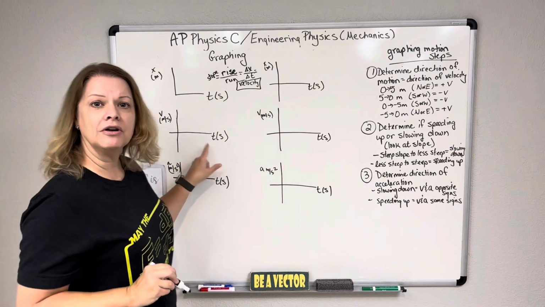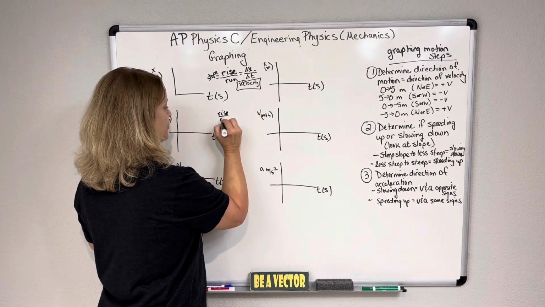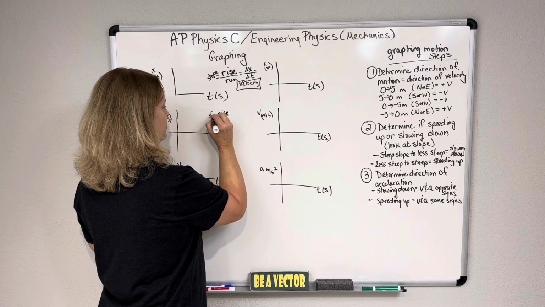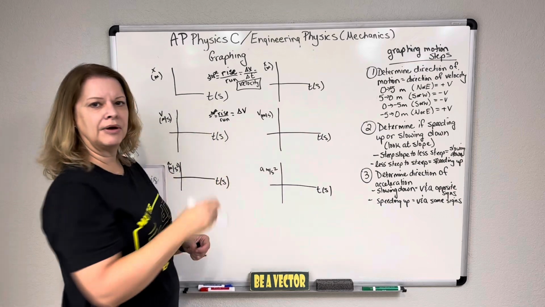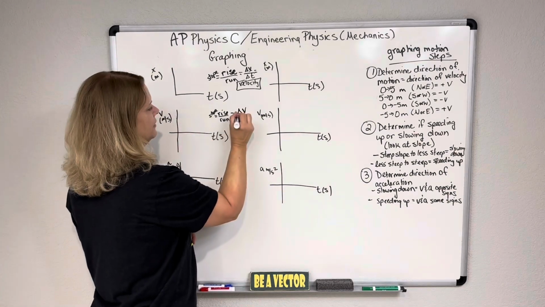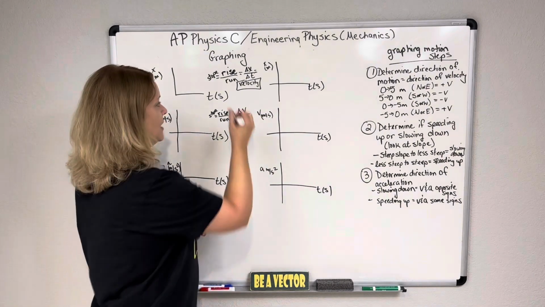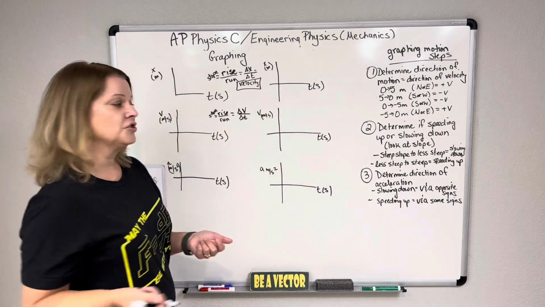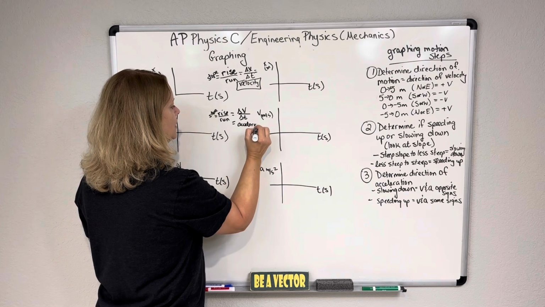Then we look at our velocity time graph. Again, I'm going to do that rise over run for slope, and I'm going to write slope here on the side. Your change in velocity is my rise on the y-axis, and my run is time. Well, the change in velocity over time is a rate, just like change in position over time, but that is actually equal to acceleration.